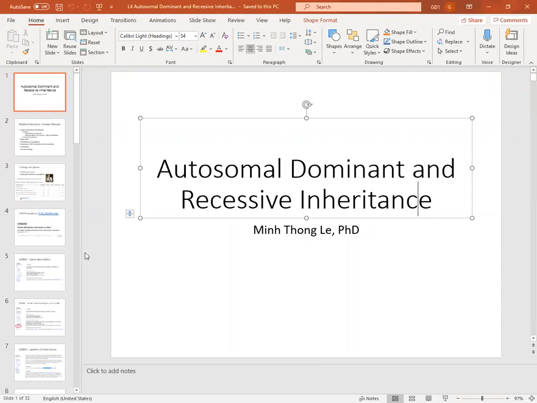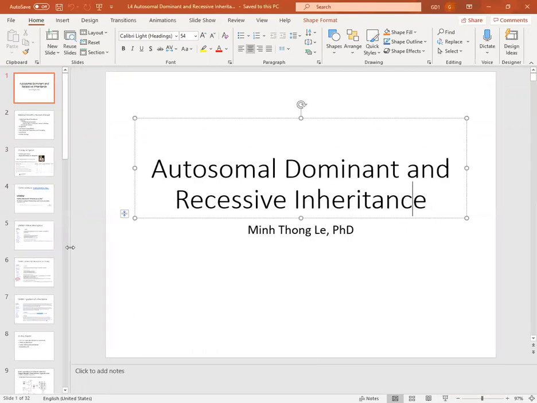Do you have any question from the last presentation about the mutation and the way of the detection?